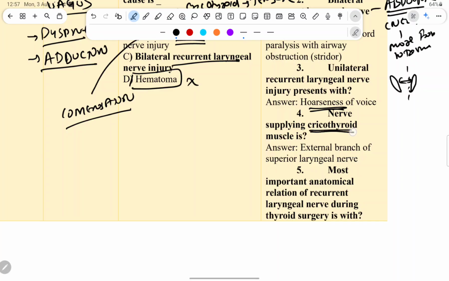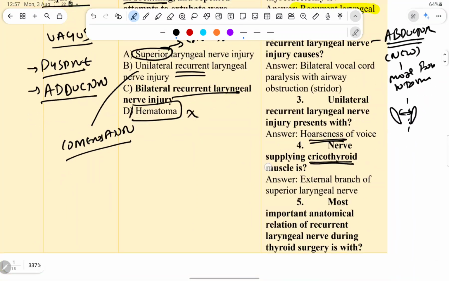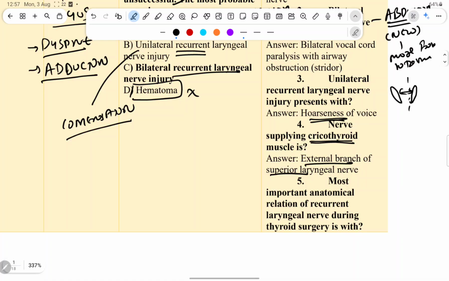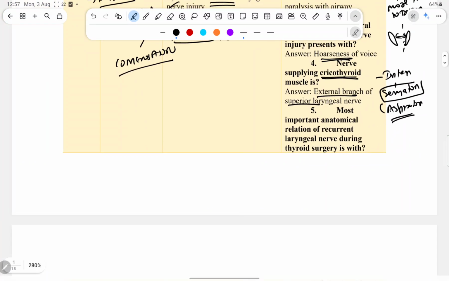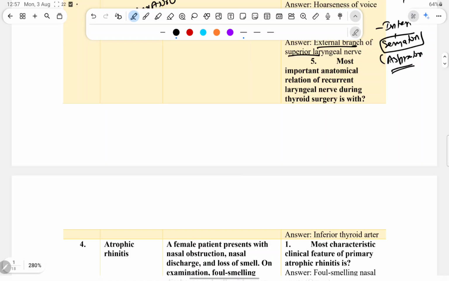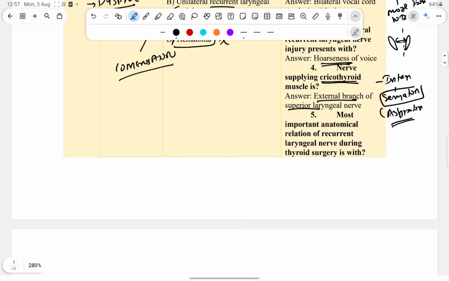Nerve supplying the cricothyroid: the cricothyroid is supplied by the external laryngeal nerve, the superior external branch. The internal branch supplies sensation, so it can lead to aspiration if the internal branch is damaged.